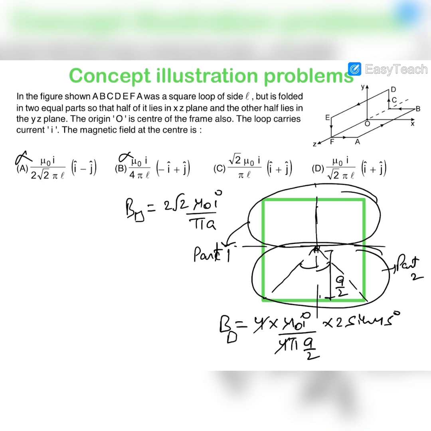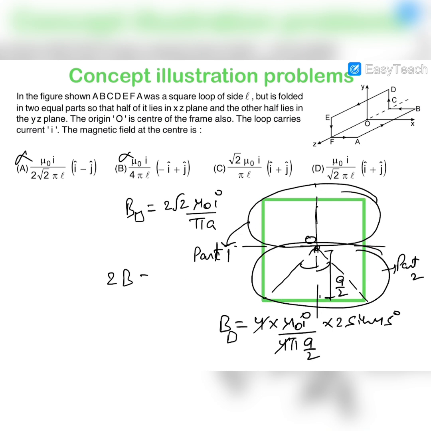So we can say that the net magnetic field due to the square will be the sum of the magnetic fields due to these individual parts, and these individual parts create a magnetic field of the same magnitude and same direction at point O. So it is twice the magnetic field due to one part. I have assumed that the magnetic field due to this half square at point O is B. So I can say that the magnetic field due to this complete square will be 2B.